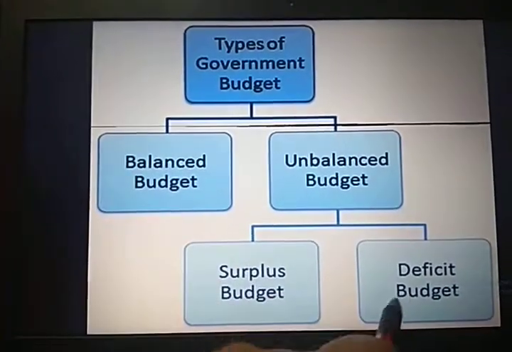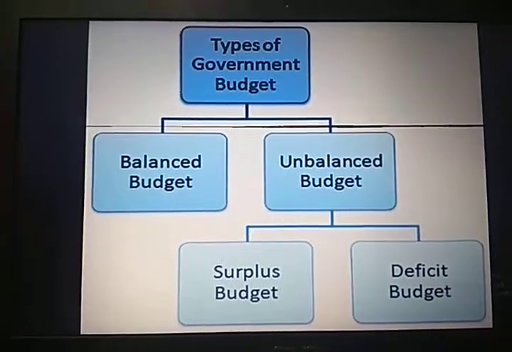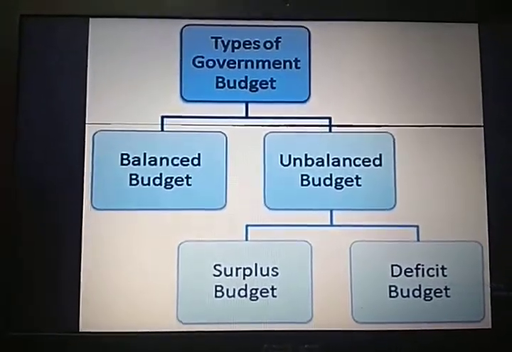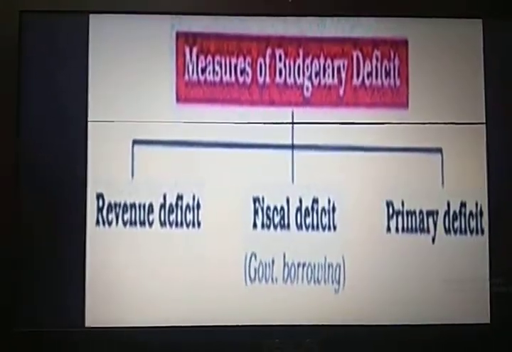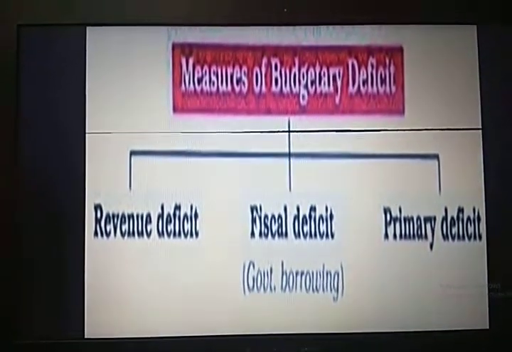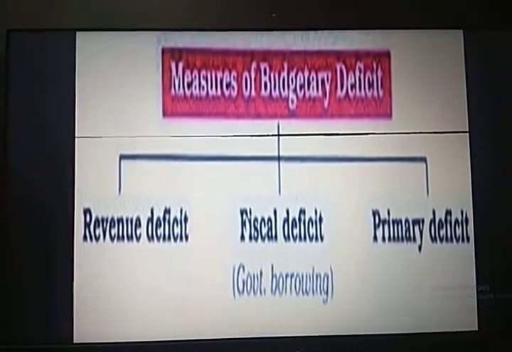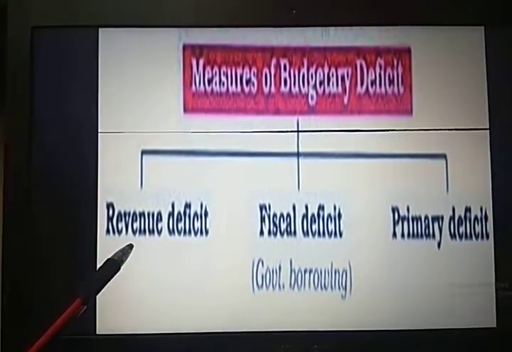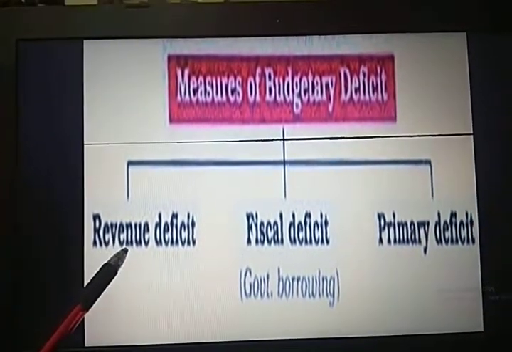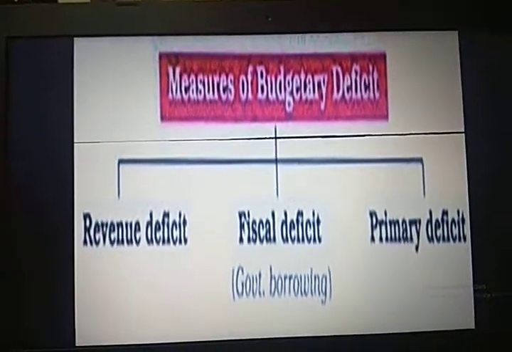But deficit budget, this situation is not a good sign or indicator for any economy. So we are going to study the measures of government budget deficit, that is budgetary deficit. We are going to study three types of deficit: revenue deficit, fiscal deficit and primary deficit.